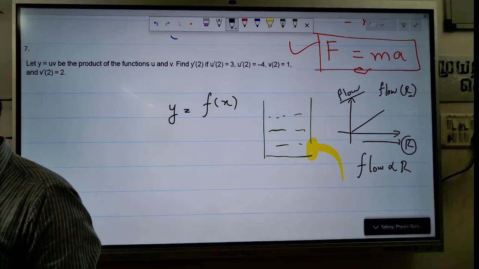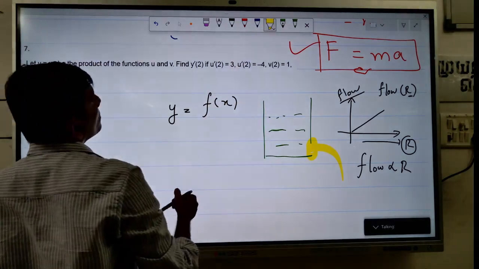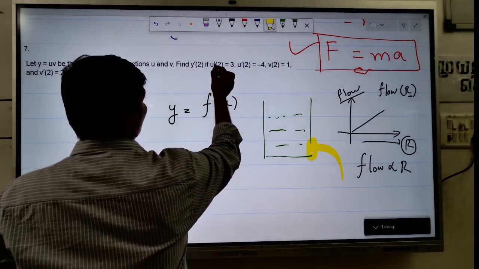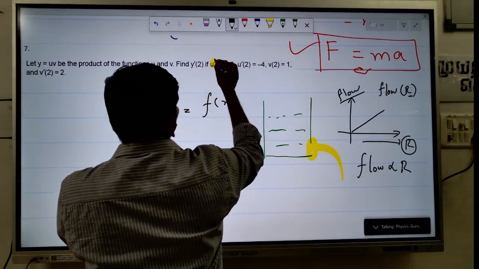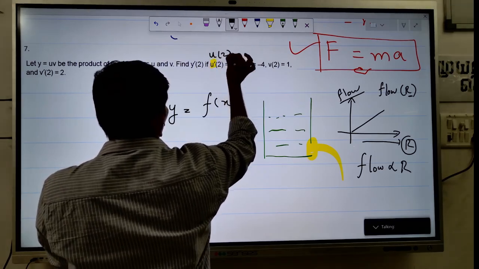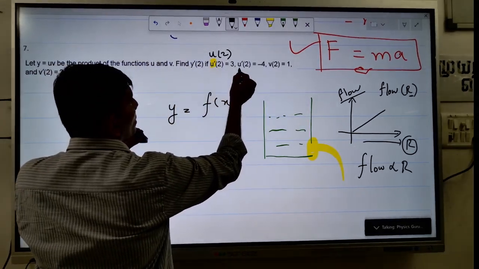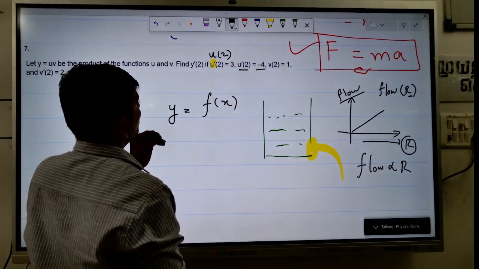Okay. So in this part, it should be taken as u of 2, not u prime of 2, because u prime of 2 is minus 4.